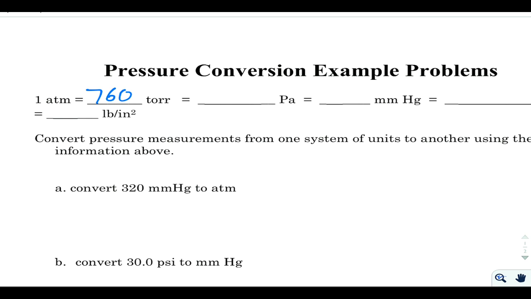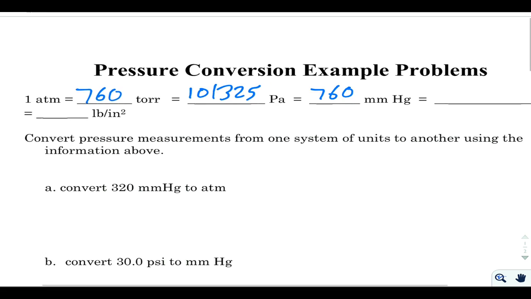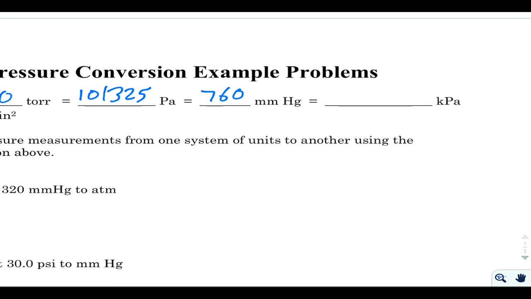760 torr, and 1 ATM or 760 torr equals 101,325 pascals, which equals 760 millimeters of mercury. You notice that this is pascals, so to get to kilopascals, it's just simply moving the decimal 3 places to the left.